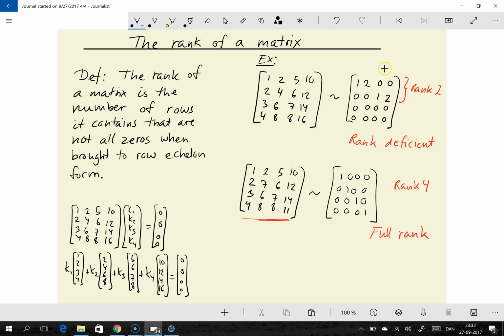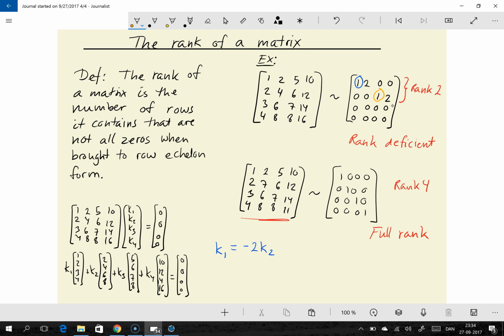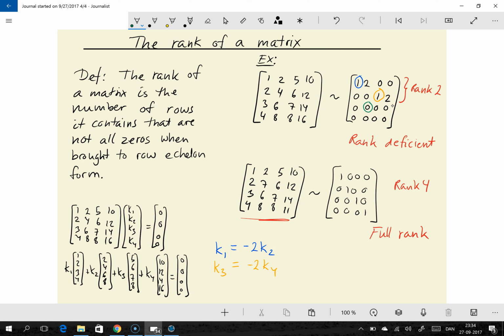So if I am to write it out, then the solution for k1 is minus 2 k2, and the solution for k3 is minus 2 k4, and as for k2 and k4, we don't know anything, so they're just free parameters. k2 equals k2, k4 equals k4.